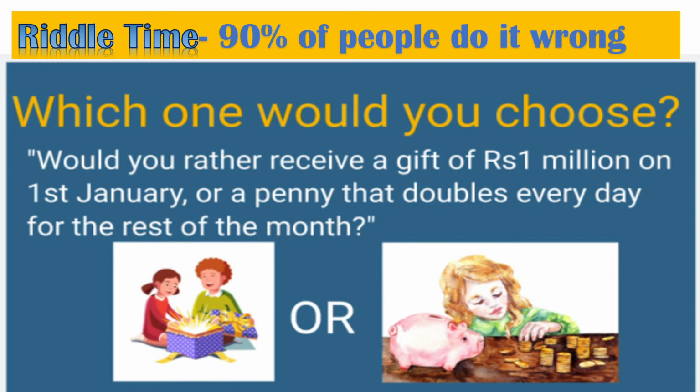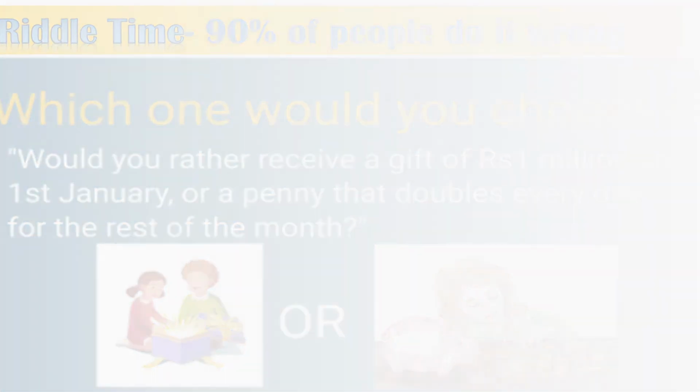Like the first day you have 1, the next day you will get 2, next day double of 2 means 4, next day double of 4 means 8, and next day double of 8 means 16, and so on. So just calculate for 1 month, and then we'll discuss this in the next video.